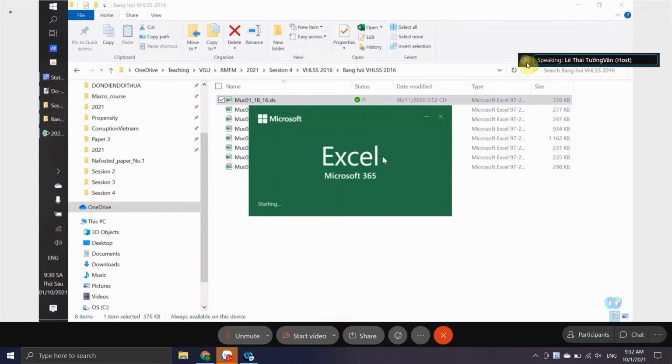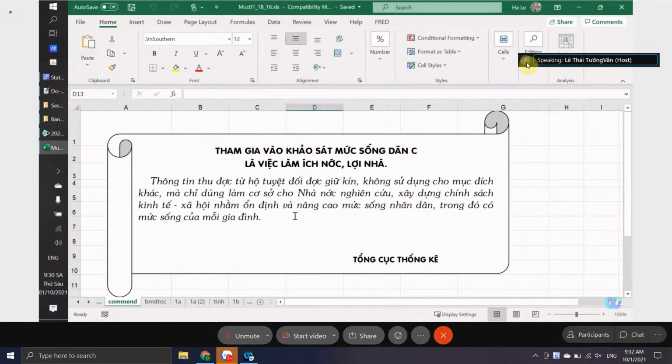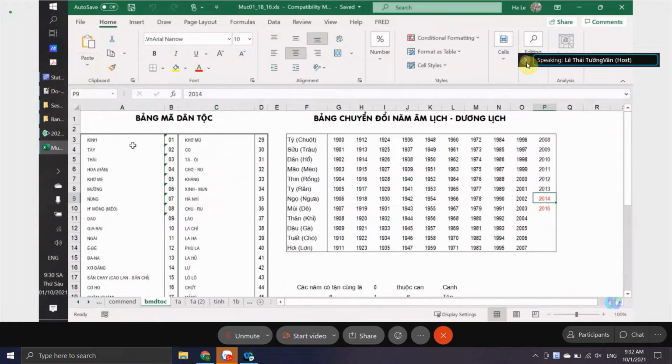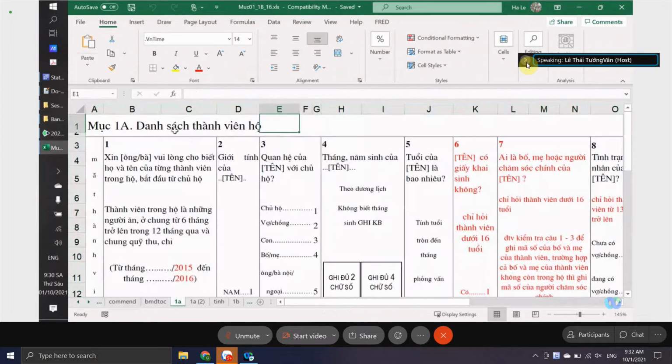If you open the questionnaire, you will see that it has a lot of sections, and this is a very comprehensive data set. This is the abstract of the data set, and then there will be information about ethnicity and so on. And the first section is about danh sách các thành viên hộ, that is household members.